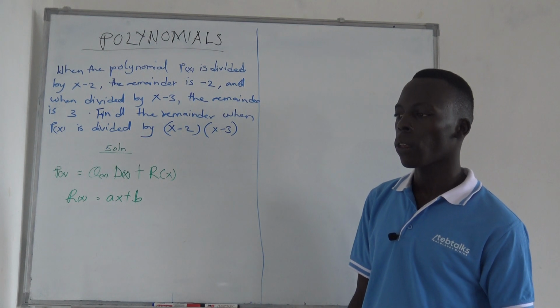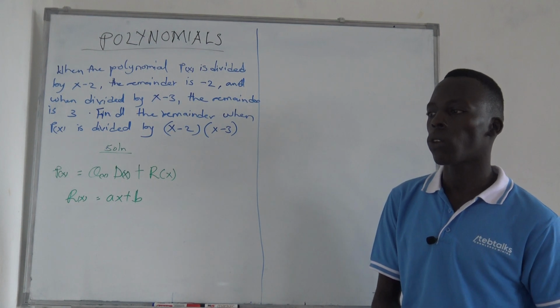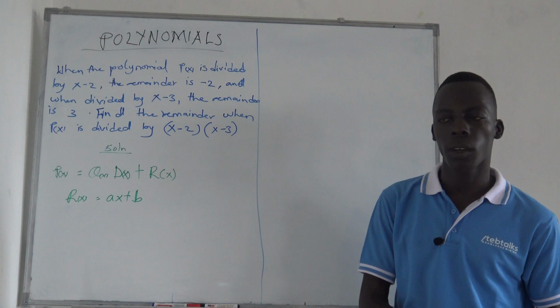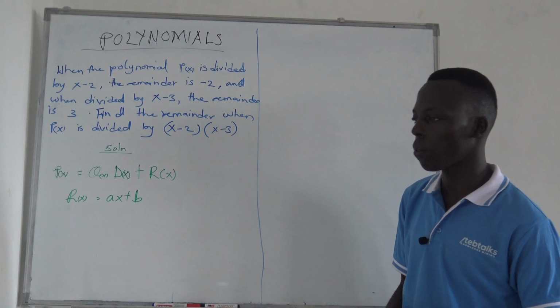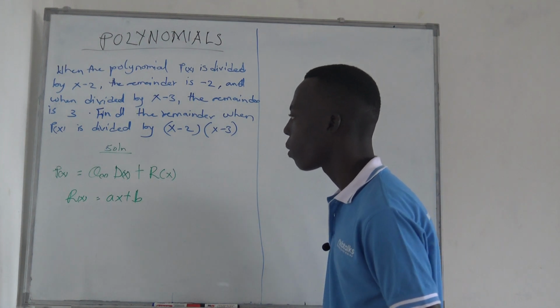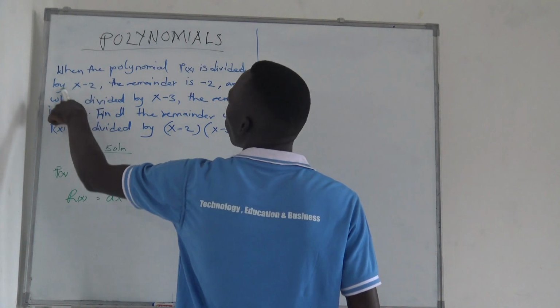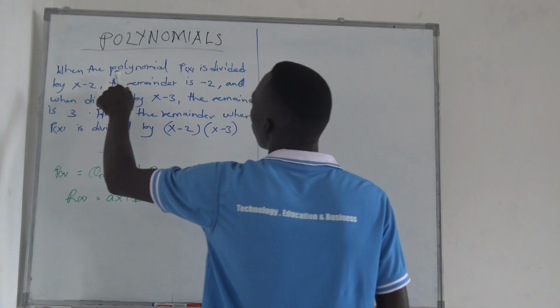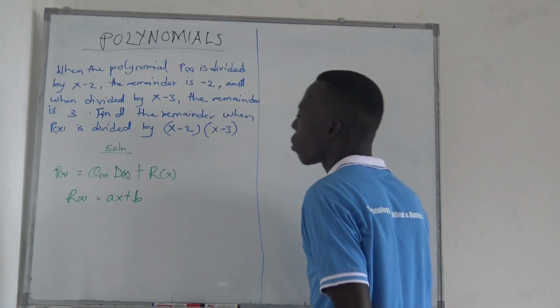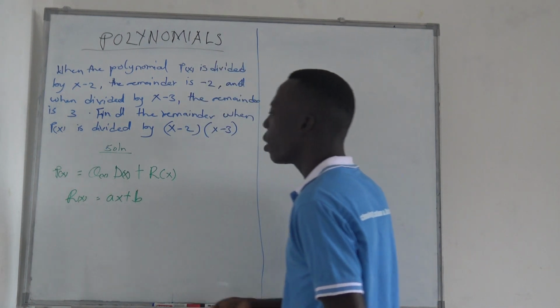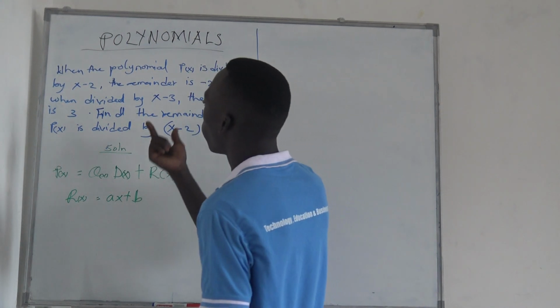So that one you must know very clearly, that the remainder is ax plus b. After knowing that, everything will be safe. Since they have given us what we are dividing with and the remainder, we can substitute and get that equation, and also get the equation for the second one.